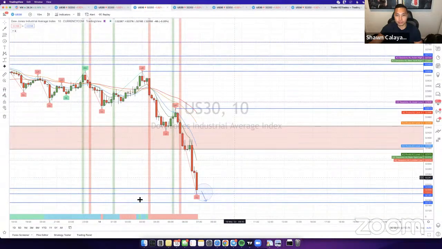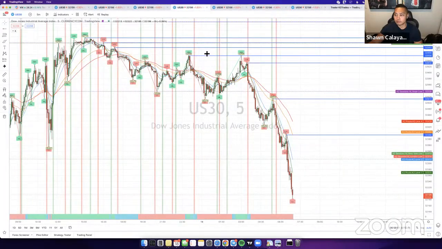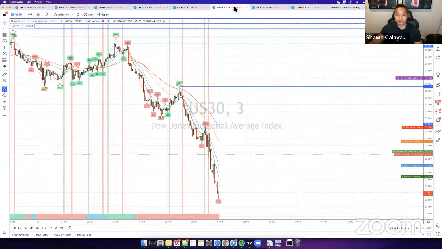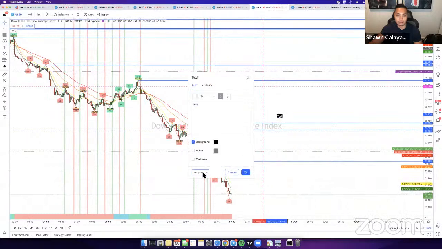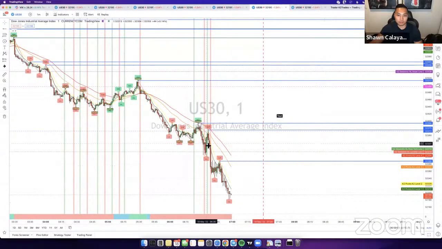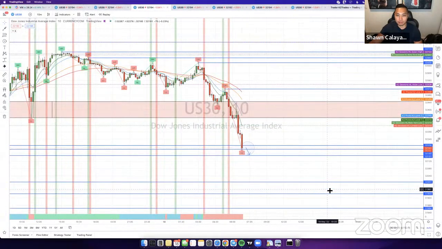But there's nothing to take right now. There's nothing here on the 10, nothing here on the 5, nothing on the 3, and nothing on the 1 for official entries. What I'm saying is official entries, meaning any of these strategies here, none of these are available at the moment. So at the moment, I'm just catching these pushes to liquidity because there's a lot of liquidity right here.